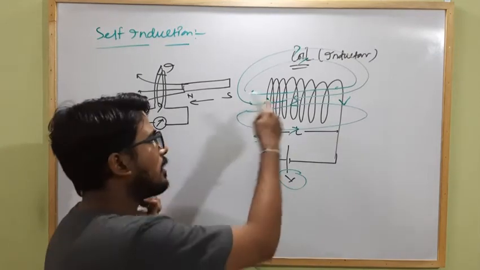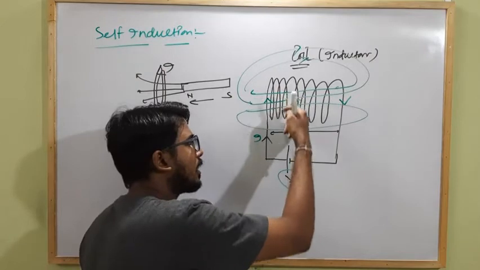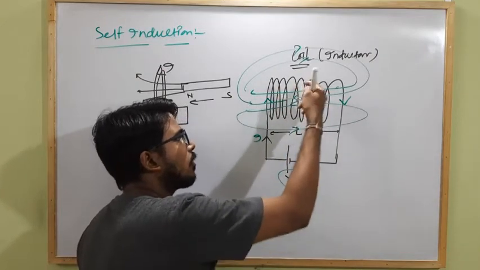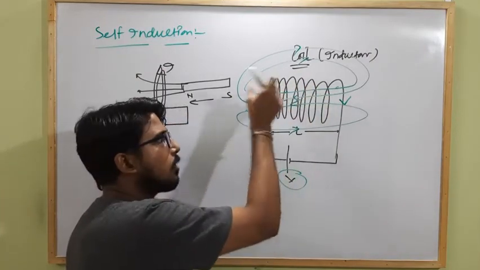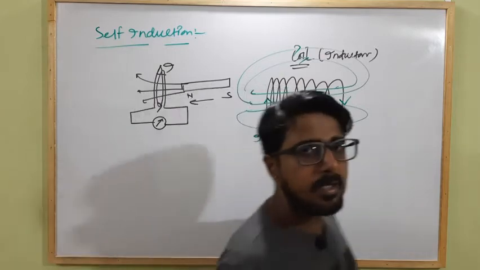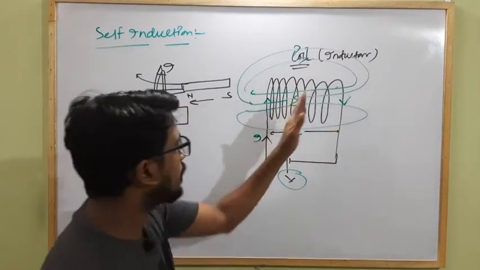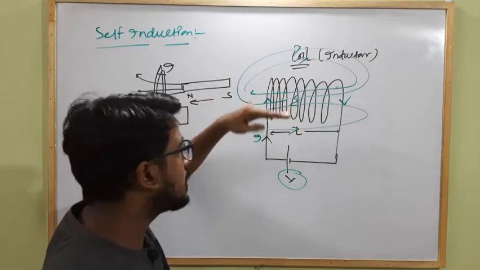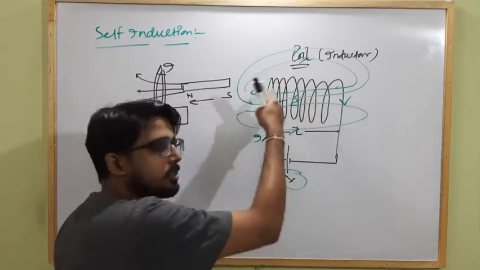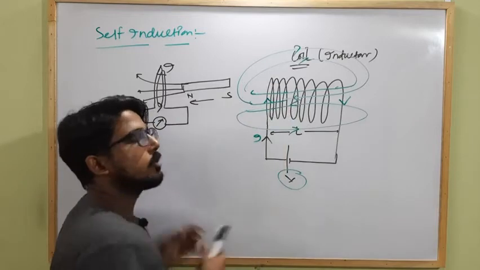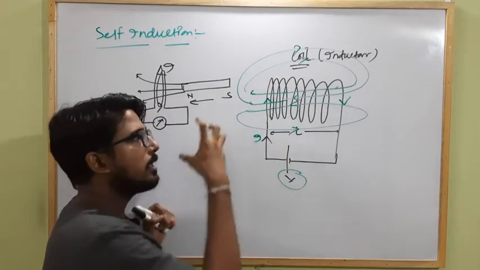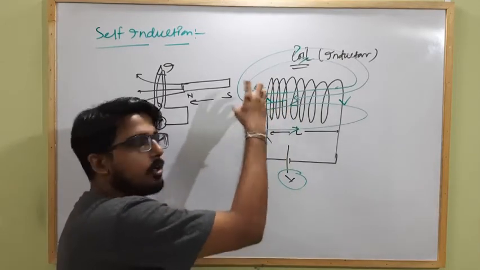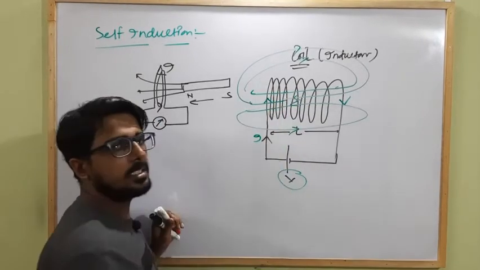Similarly, when current flows along each turn of this inductor, each turn produces a magnetic field, and due to change in magnetic flux linked with each turn, an induced EMF is produced in such a way that it opposes the change in flux.